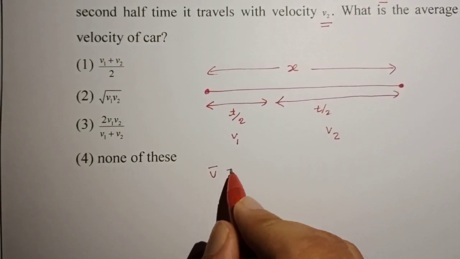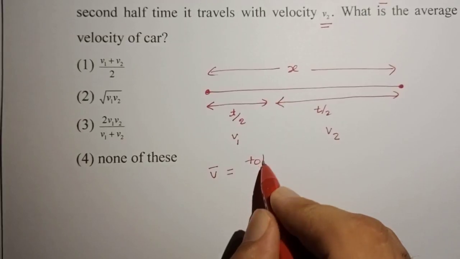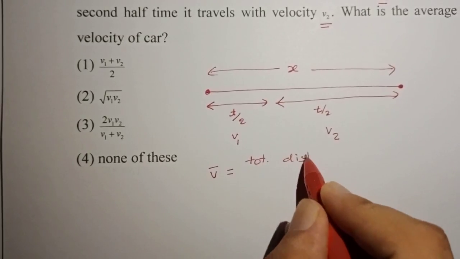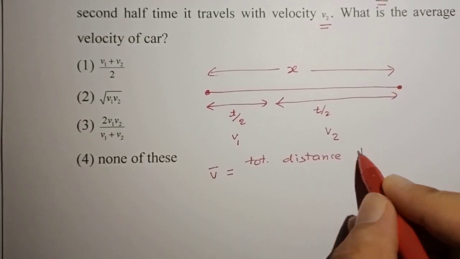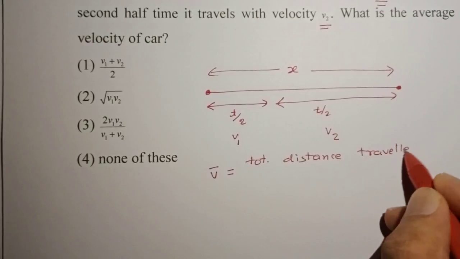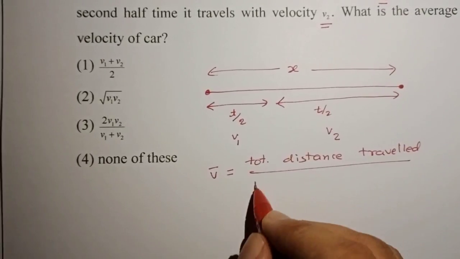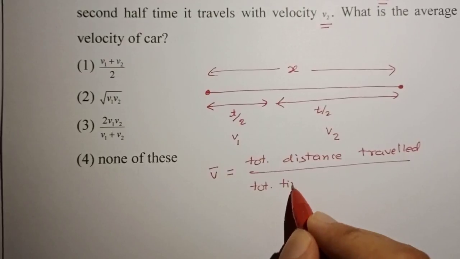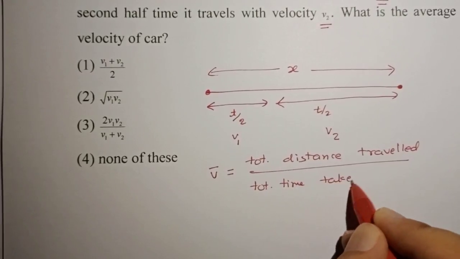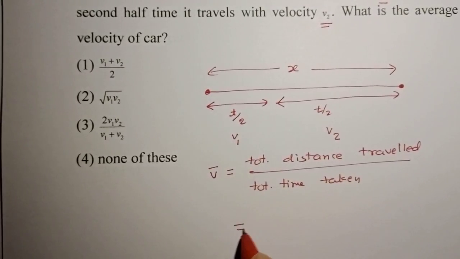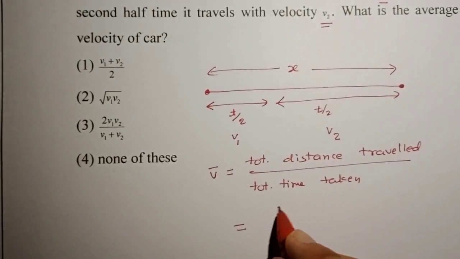Average velocity is equal to total distance traveled divided by total time taken. So what is the total distance traveled? We know that total distance traveled is x.